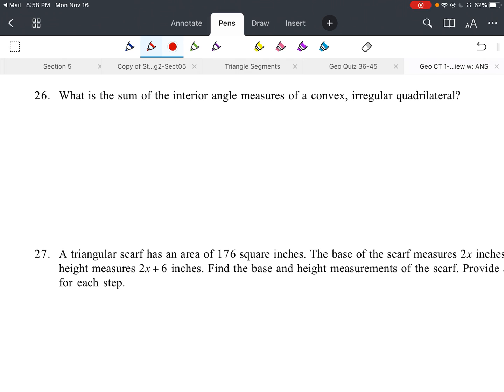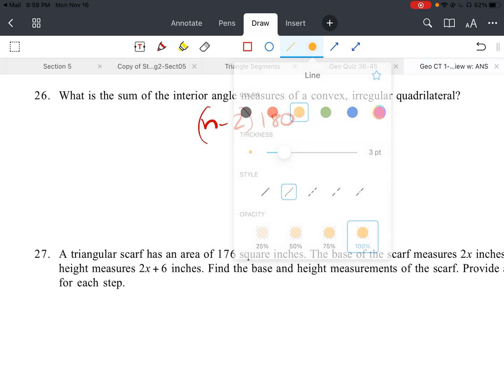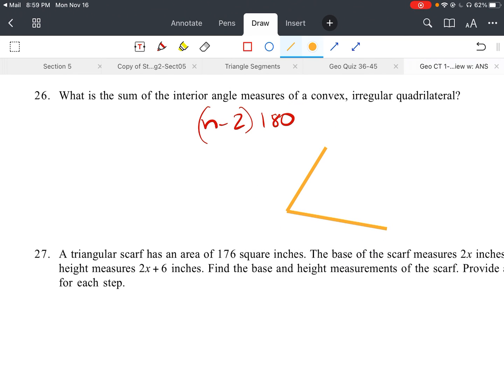Let's see, sum of interior angle measures of a convex, irregular quadrilateral. Okay, now sum of the interior angles you could remember is n minus 2 times 180. Another way to think about it though, this is a helpful thing, is just to sketch out a quadrilateral, make it random.